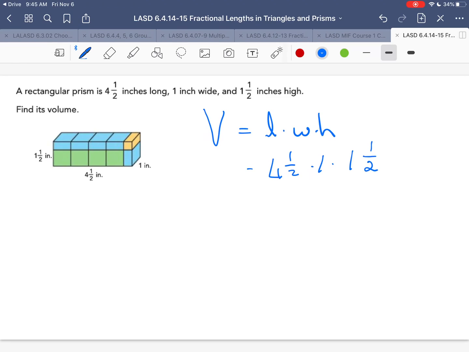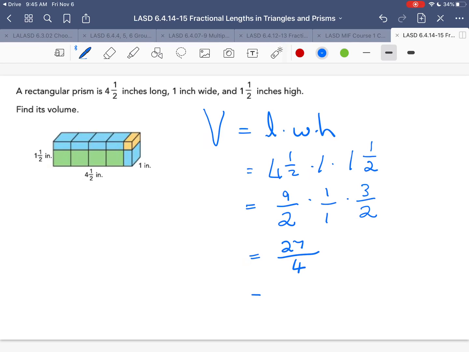And again, I need them to be improper fractions for multiplication. So 4.5 is 9/2 times 1/1 for 1, and 1.5 is 3/2. So now I can multiply all the numbers in the numerator. 9 times 1 is 9, times 3 is 27, and in the denominator, when I multiply these, I get 4.